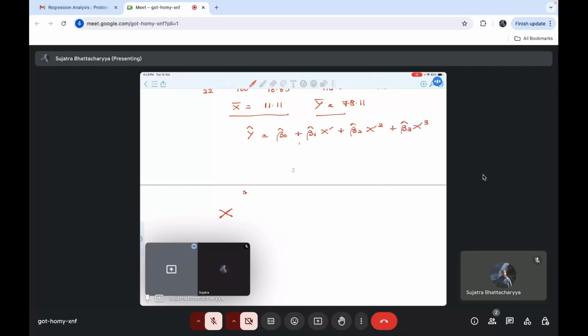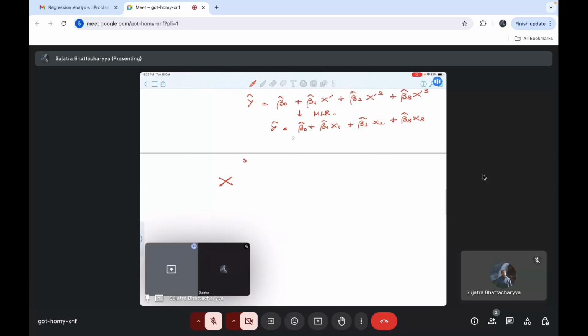We will be reducing this as the multiple linear regression model, where we write this as beta naught hat plus beta 1 hat x1, beta 2 hat x2, and beta 3 hat x3. This is how we are going to reduce. In the same way we will be doing.